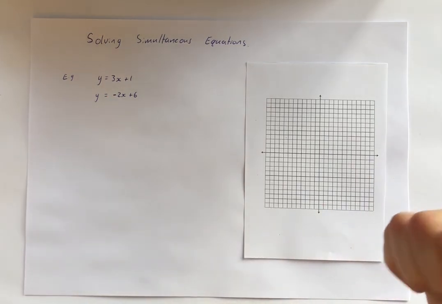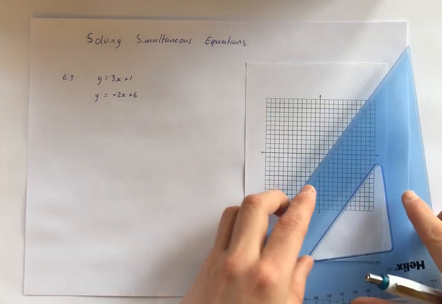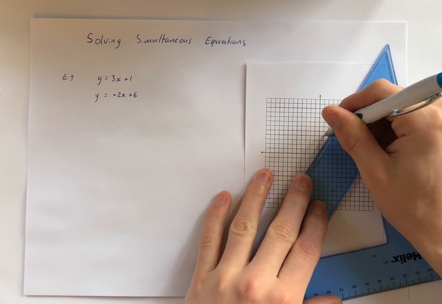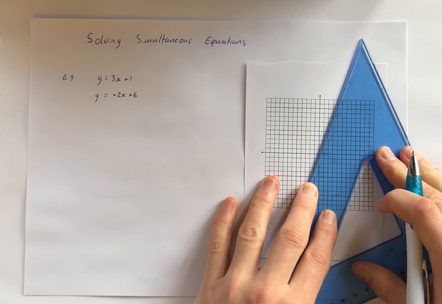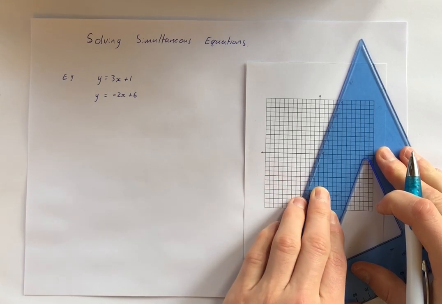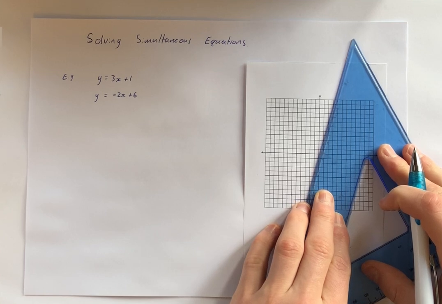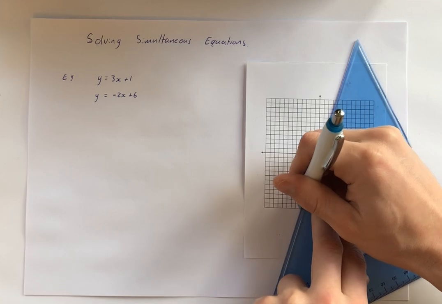So we've got 3x plus 1, so that's going through 1, and it's got a gradient of 3, up 3 and across 1. Oh, it's going through 1, sorry. Something like this.